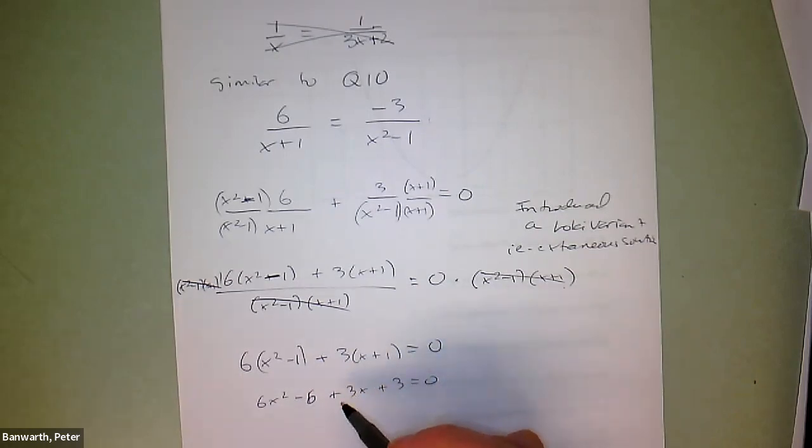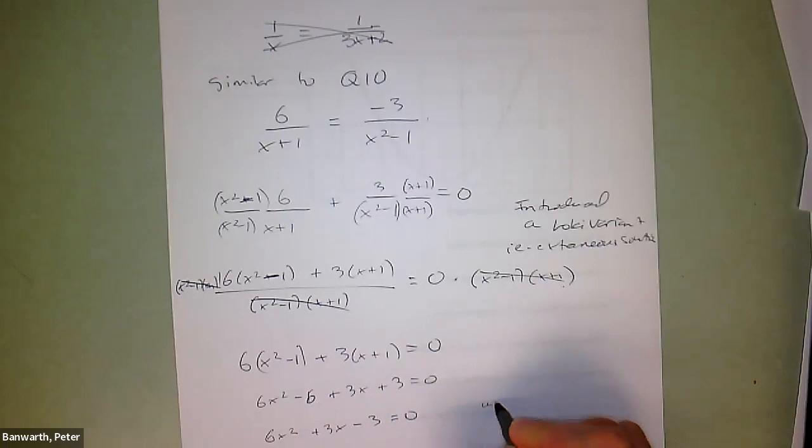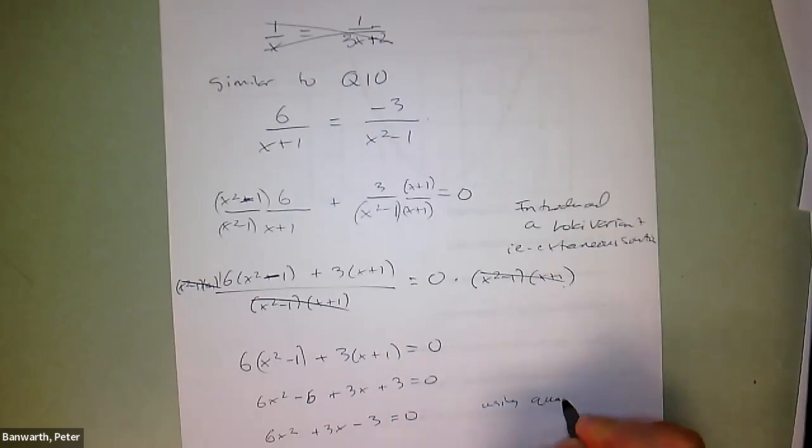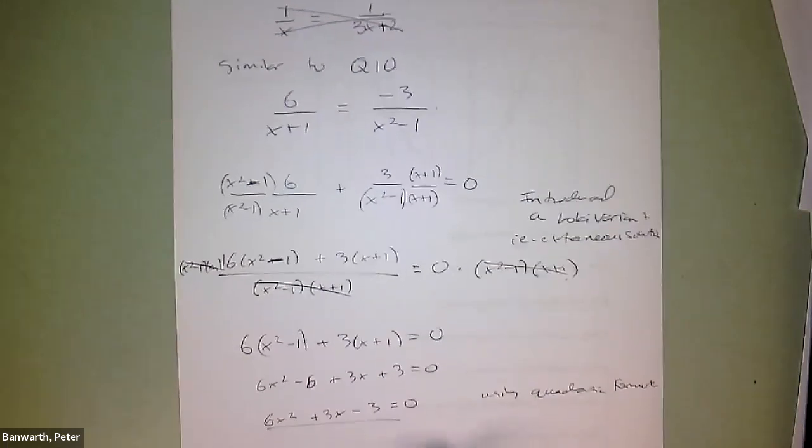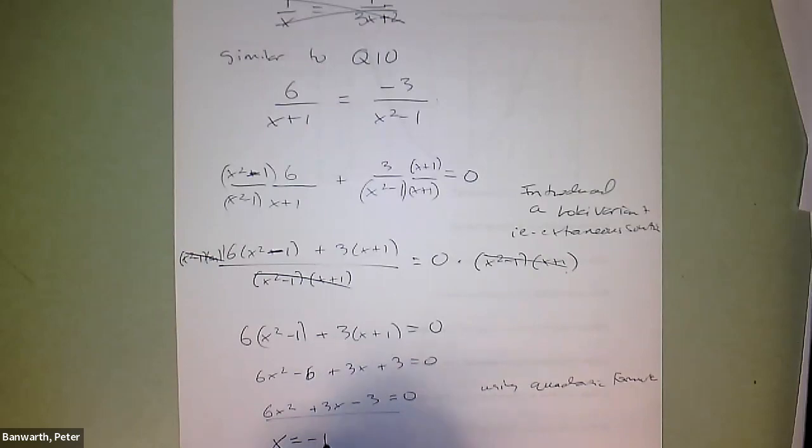And combining terms, I get 6x squared plus 3x minus 3 equals 0. And using the quadratic formula, there are two possible solutions to this quadratic equation. One is x equals negative 1, and one is x equals a half.